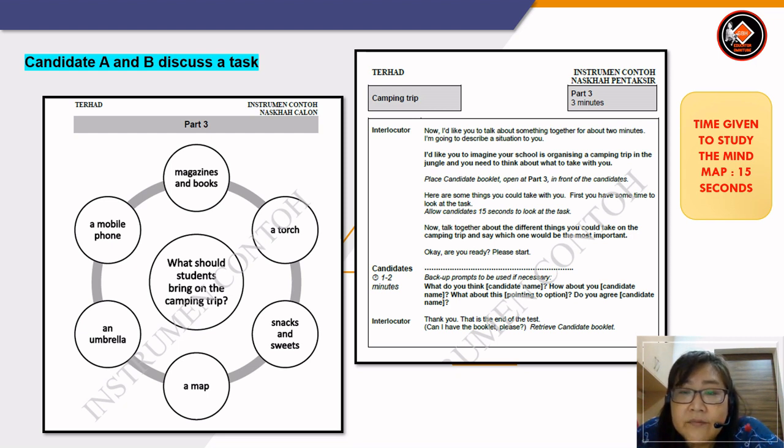The candidates are given 15 seconds to look at the task. Now, talk together about the different things you could take on the camping trip and say which one would be the most important. So remember that you have about 3 minutes to complete this discussion.